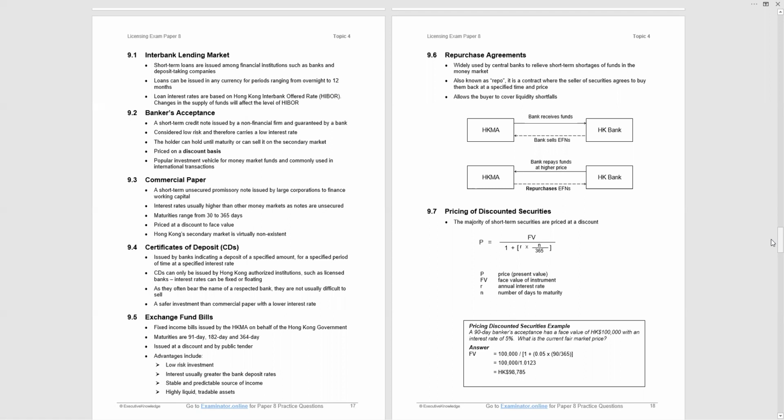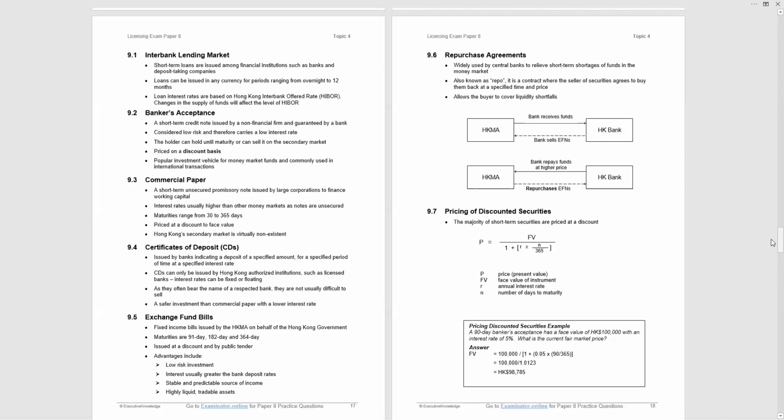Now, in calculating the present value, the price of such a security, we discount the future value with regard to the interest rate and the outstanding period remaining in the term. Now, the formula there, it may look complex. It is not. Let's just consider what we're looking at.